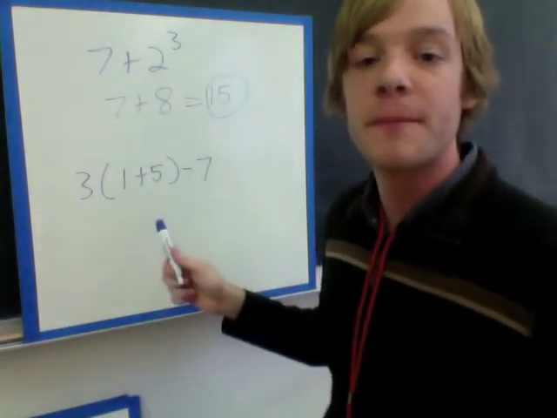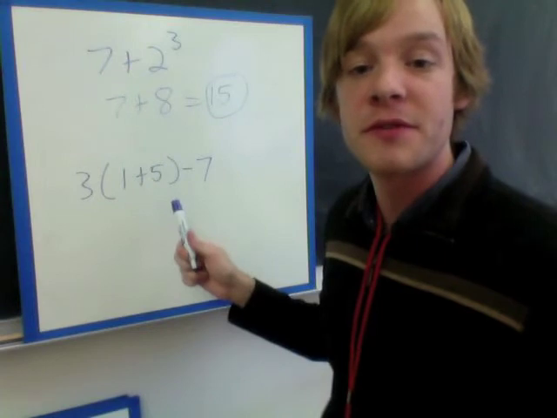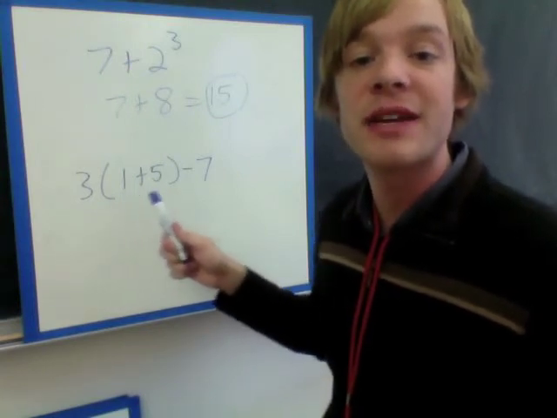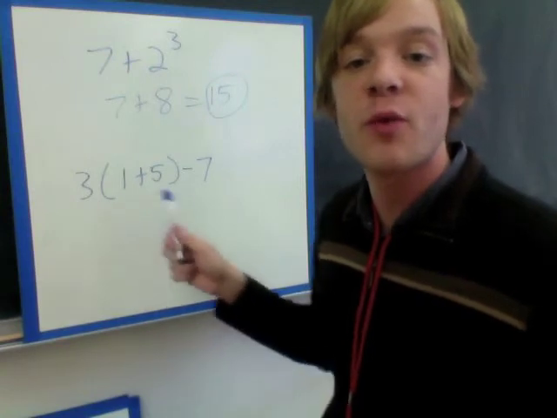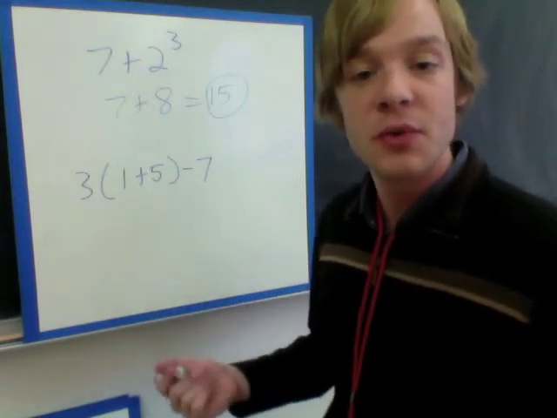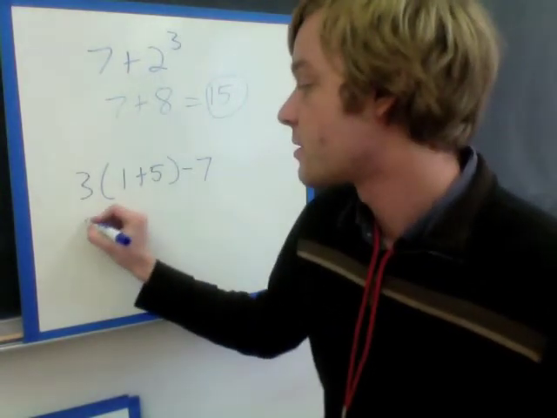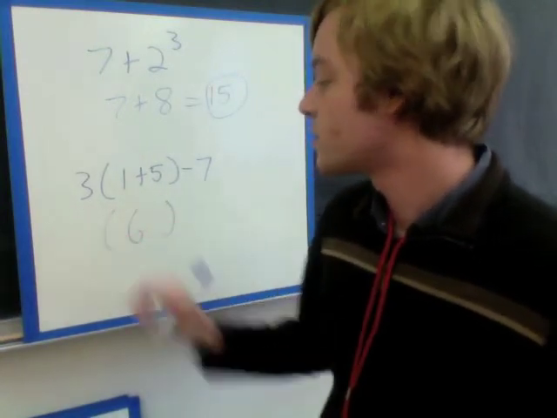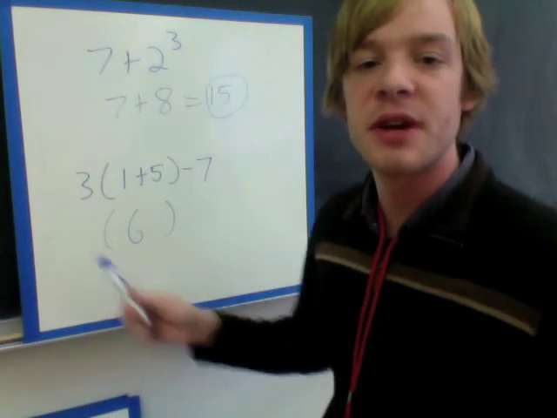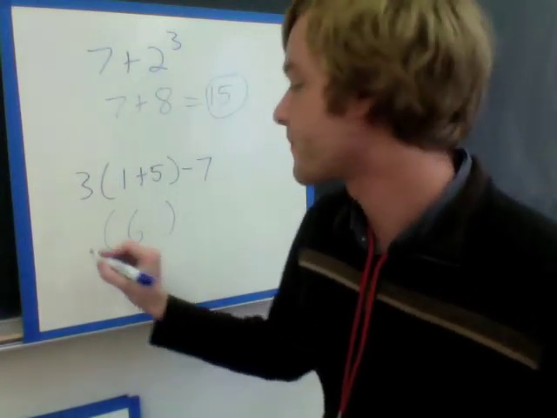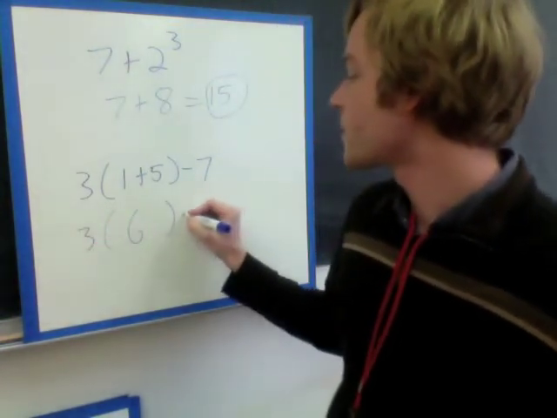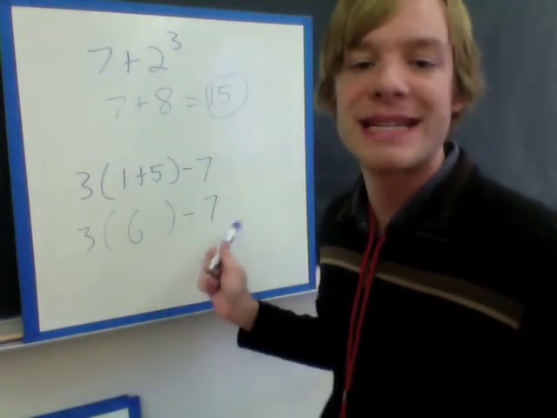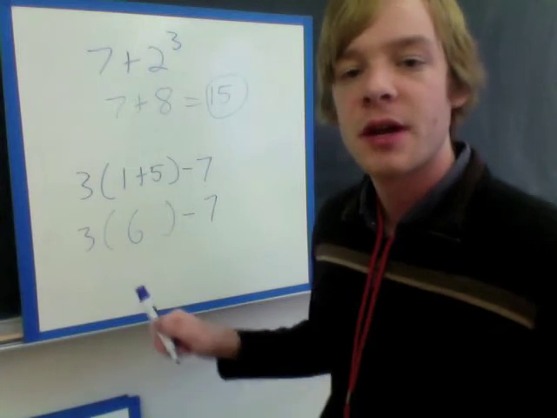With the second problem down here, we do have parentheses, so we want to work what we have inside the parentheses first. So we have 1 plus 5 inside the parentheses. We should know that's 6. So we have the 6 inside parentheses here, and we're going to bring down this 3 that's in front, along with the minus 7 back here on the end.